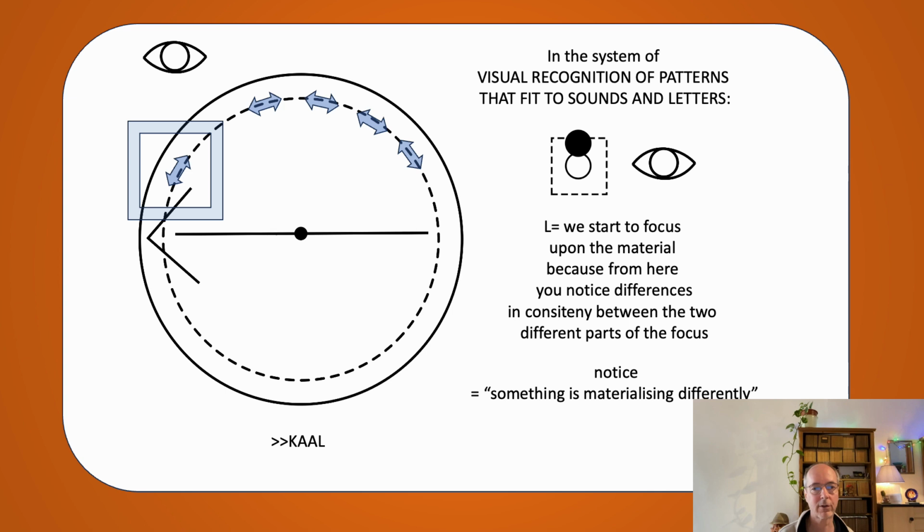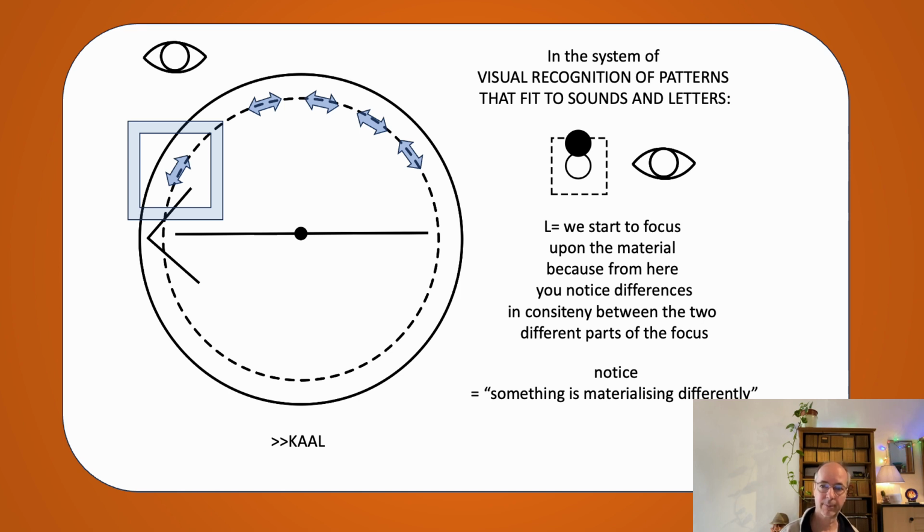So we focus a little bit on it as if we are rethinking the material. Probably this is from a different material, from a different nature. And so we focus upon the material that is there. Something is materializing or forming itself differently. That's the focus of L, purely seen from the distinction of pattern recognition.